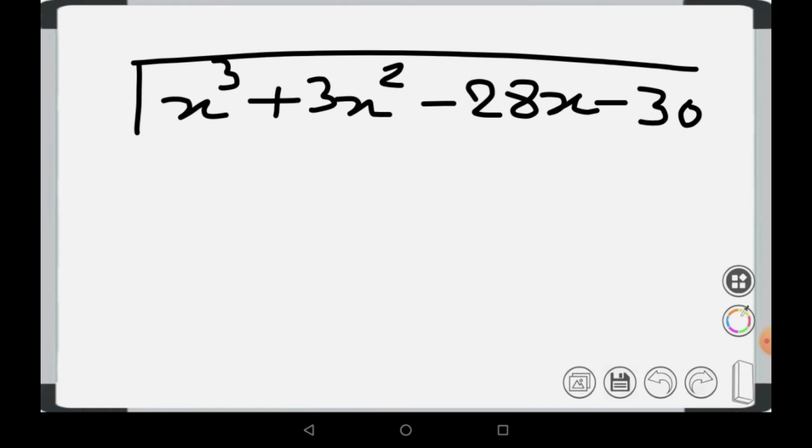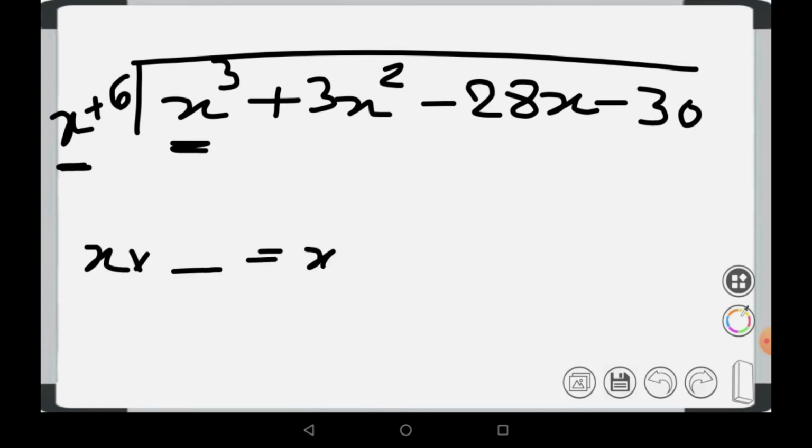Write it again. x plus 6. Okay, so the first thing that we do is we look at the first term of the divisor as well as of the dividend. What will you multiply with x to get x cube? This is easy. We have to multiply it with x square.